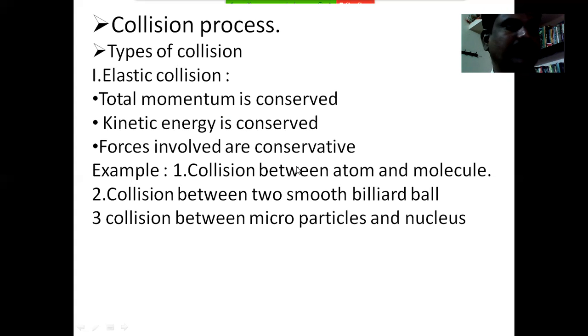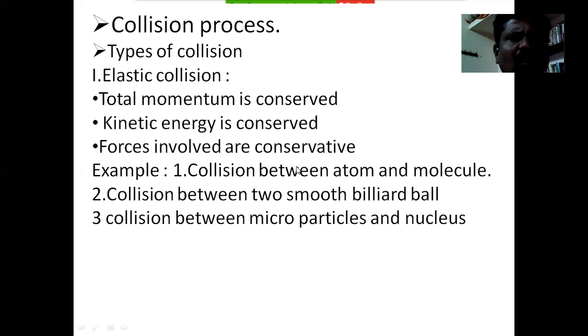Let us discuss one by one. What is an elastic collision? The collision process is said to be elastic if the total kinetic energy of all the particles before collision is equal to that after collision.